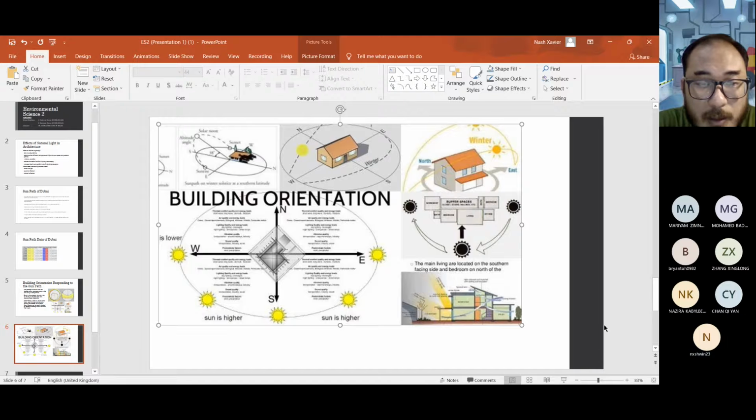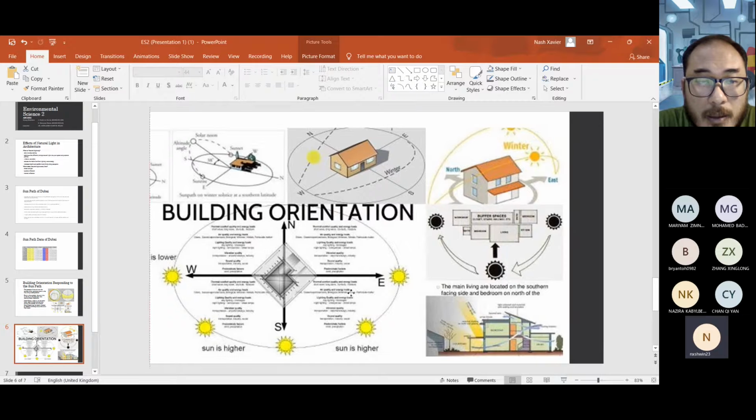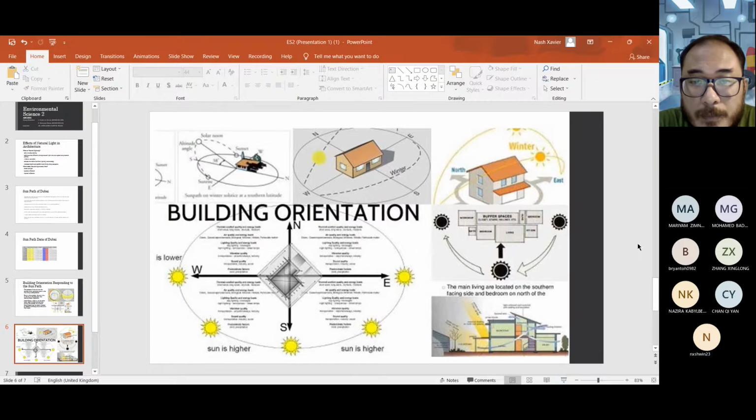If you can find a way to see the writing. Still cannot see, yeah, it's blurry. Okay.